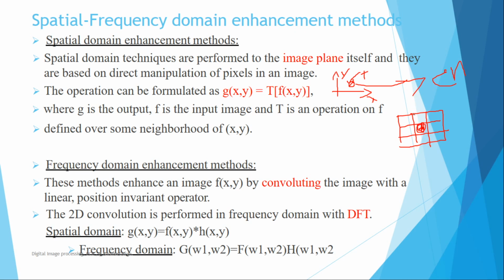I apply the enhancement technique on it, and it converts it directly into the enhanced value. In g, the enhanced image, the position remains the same, and this value is the enhanced pixel value. For example, if the value is 10 and I apply a brightness increment of 5, the enhanced image value becomes 15.